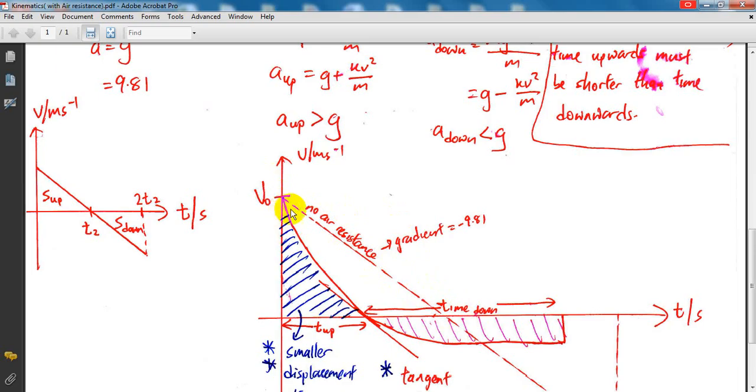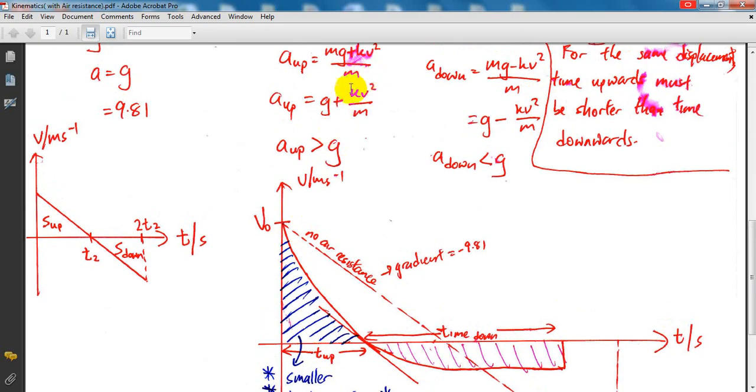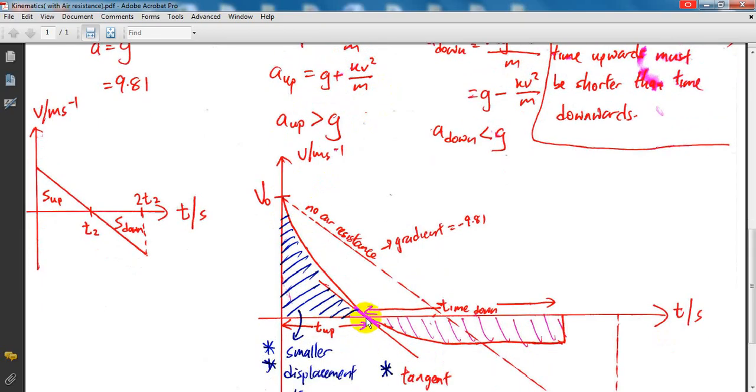As time progresses, we know that as velocity drops, the net force downward drops. From the equation above, we can see that as kv squared drops, the magnitude of my acceleration on the way up actually drops as well. So I drop all the way, getting less and less steep until this position, which is a special case because at this position, my velocity is 0.